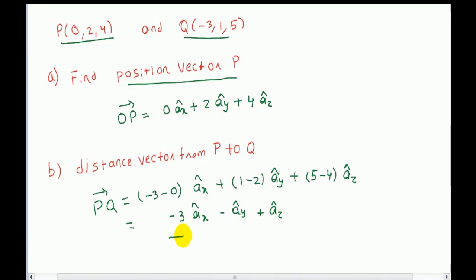This is the distance vector from P to Q, that is the PQ vector.